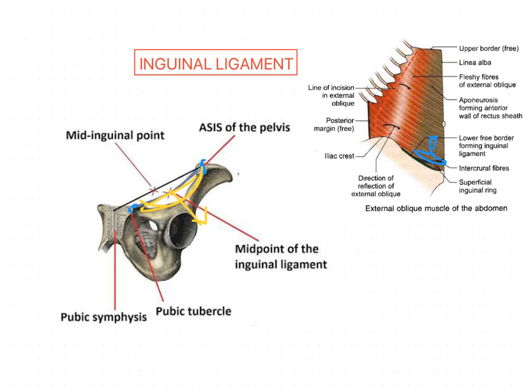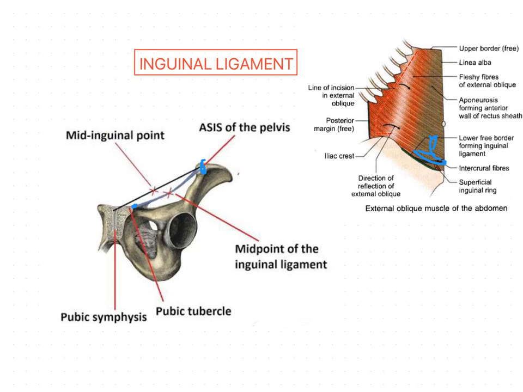Now the upper surface of the ligament. So this is about the lower border attachment: the lower border of the inguinal ligament gives attachment to the fascia lata.